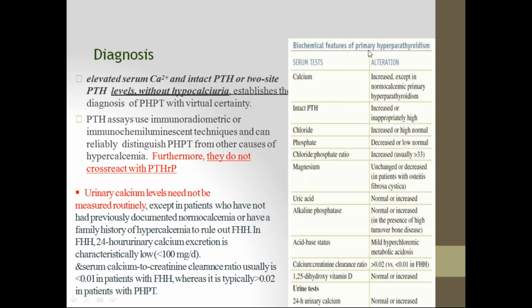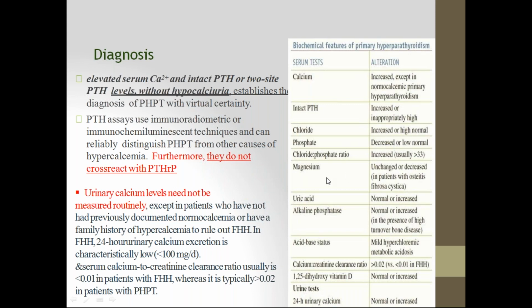Biochemical features of primary hyperparathyroidism: serum calcium is increased, except in normocalcemic primary hyperparathyroidism. Intact parathyroid hormone is increased, or inappropriately high. Chloride level is increased, high to normal. Phosphate is decreased or low normal.